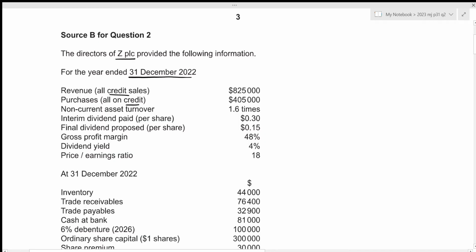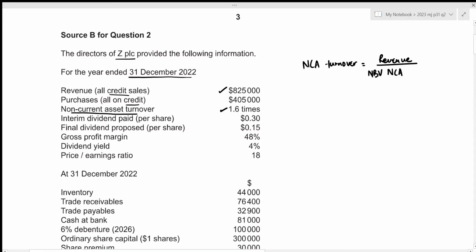So for non-current assets turnover, remember that our formula is just the revenue divided by the total non-current assets. And this is the net book value of non-current assets. Now we already have revenue to be 825,000, and we're also given that the non-current asset turnover is 1.6 times.